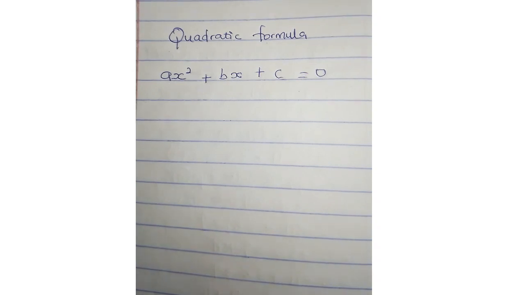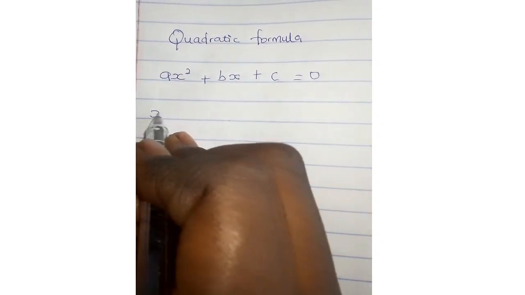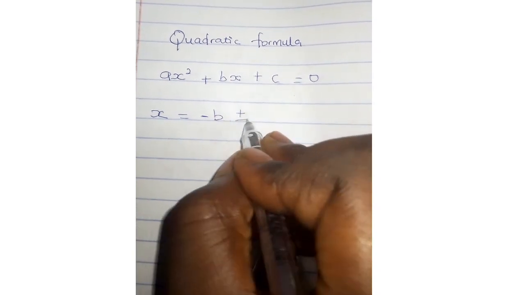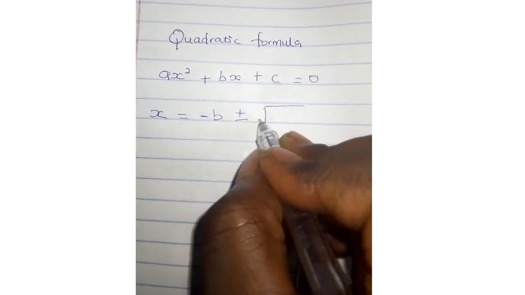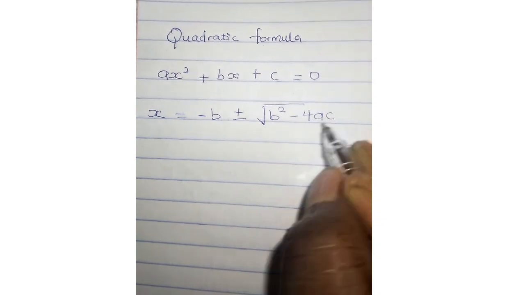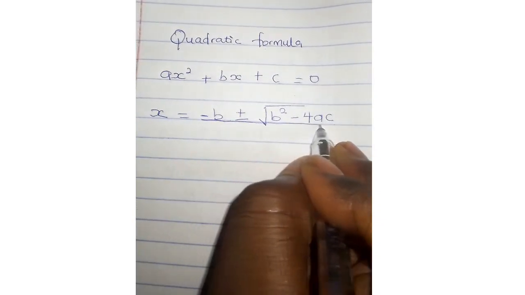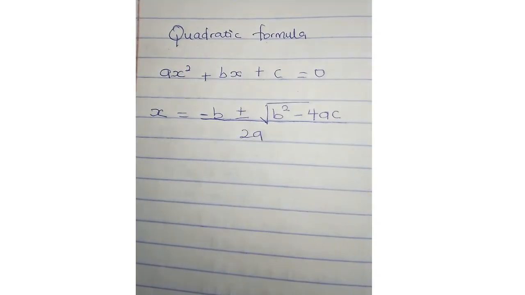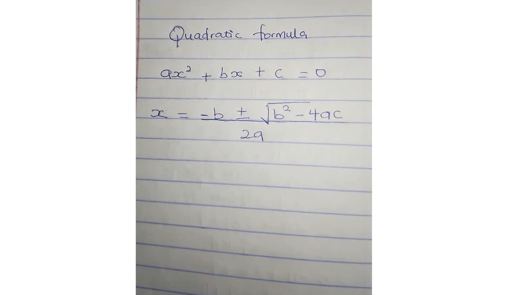Now the general formula, the quadratic formula, taking this form, is going to be x equal to minus b plus or minus the root of b squared minus 4ac, all over 2a. This is the quadratic formula or the general formula.